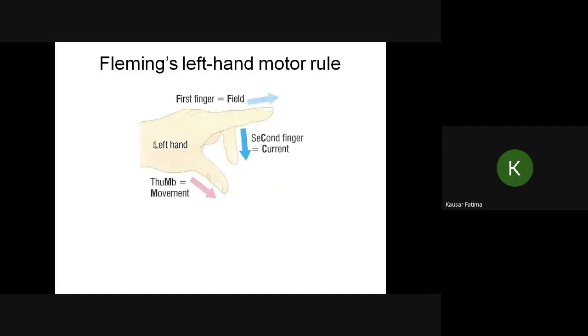Here we have Fleming's left hand rule. See, the three fingers are stretched out: thumb, first finger and second finger. First finger represents field, second finger represents current, and the thumb shows the direction of force which a wire through which current is flowing will experience.